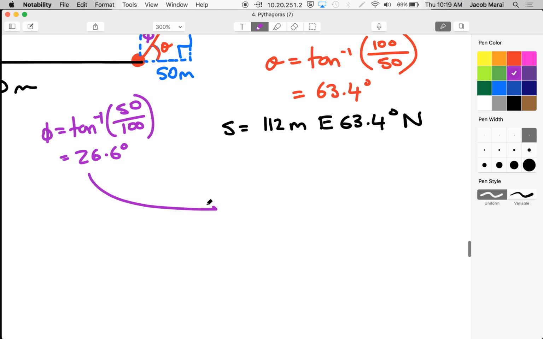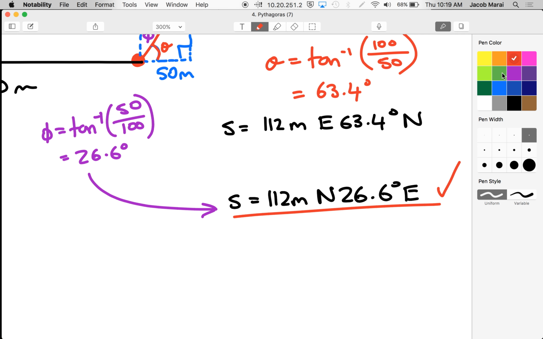So this is a better one. Remember I said we always want to choose the simplest. 112 metres, east 63 north can also be expressed as north 26.6 degrees east. And that one's a little bit more simplified.